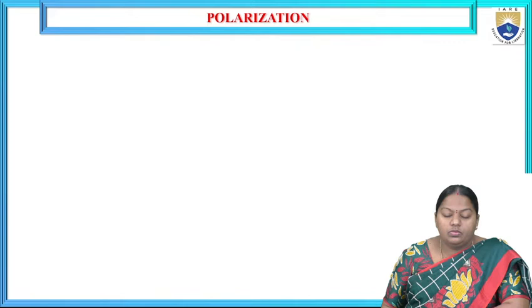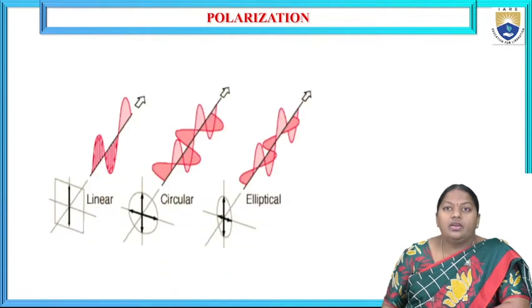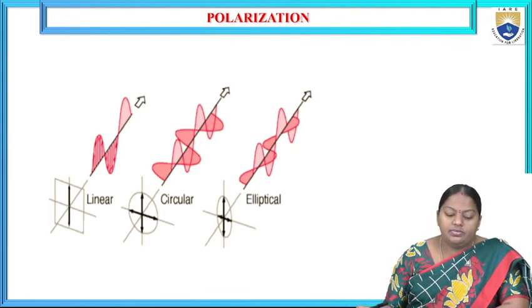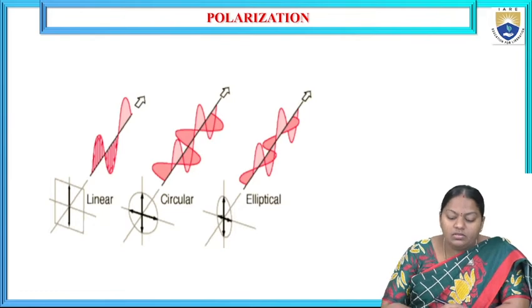Okay, now individually, how are we going to define linear polarization, and how are we going to identify elliptical polarization and circular polarization? Okay, so polarization first, three images.